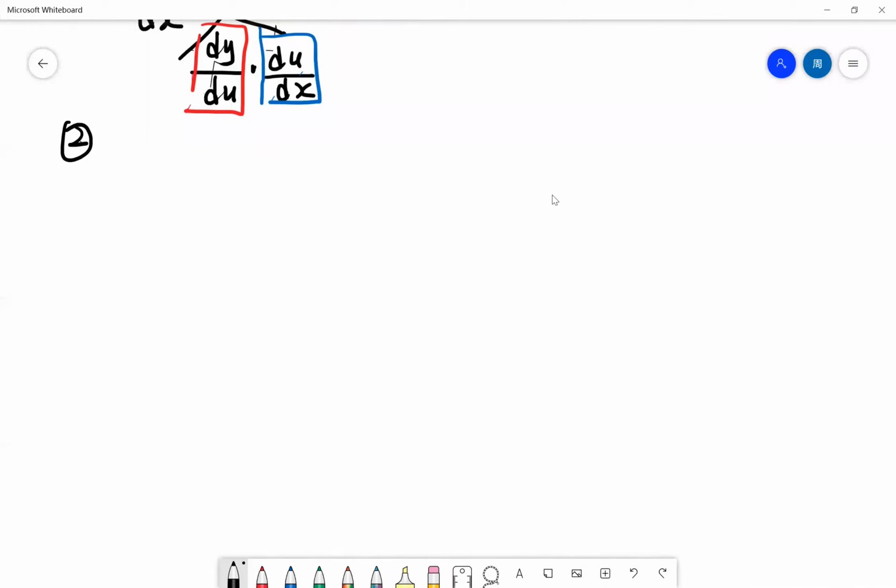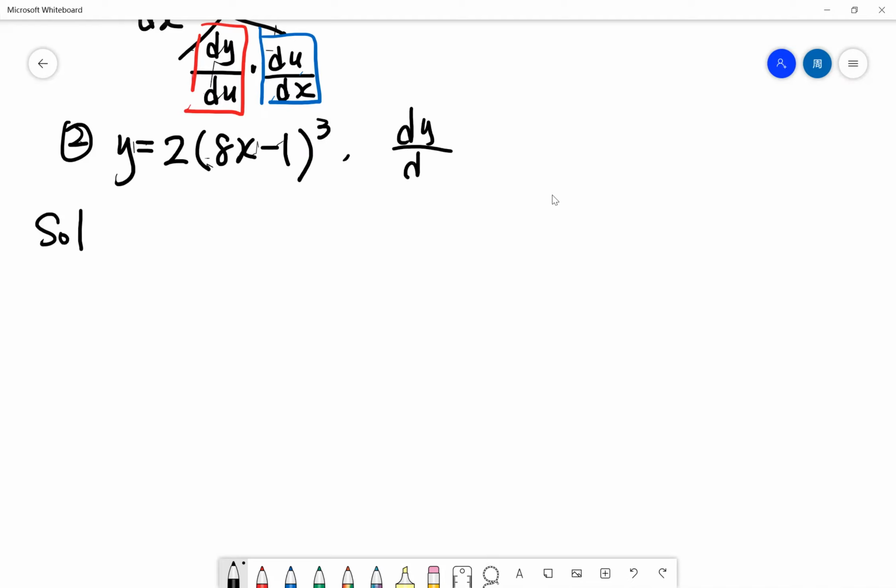Okay, second question here. I want you to find y equals 2 times 8x minus 1, all to the power 3. If I want to find dy by dx here, first we see that 8x minus 1 is the inside function, right?